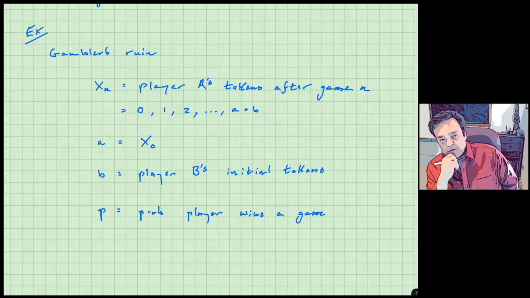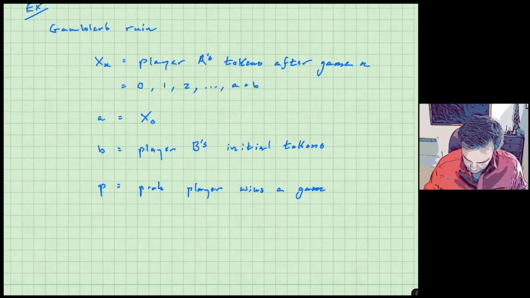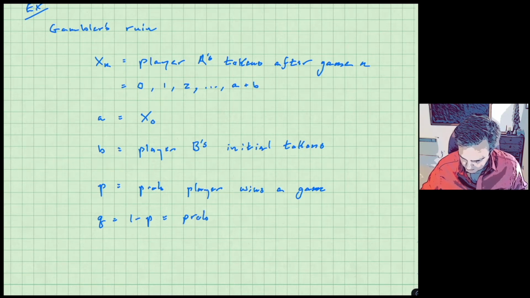And these are each game; there's a game played at every step. And then Q, which is 1 minus P, that's the probability of a fail, or that B wins, that A loses a game.